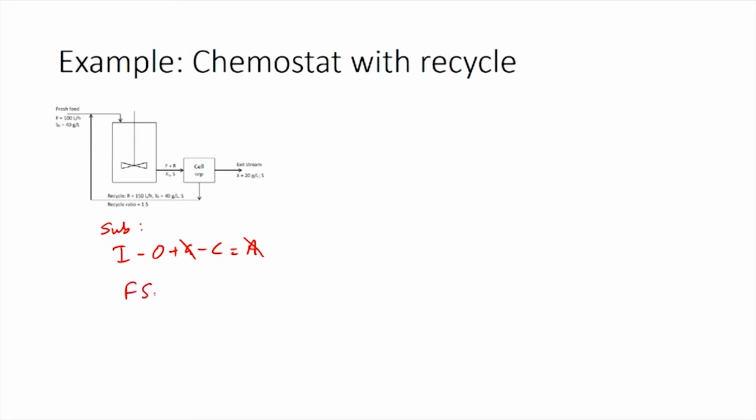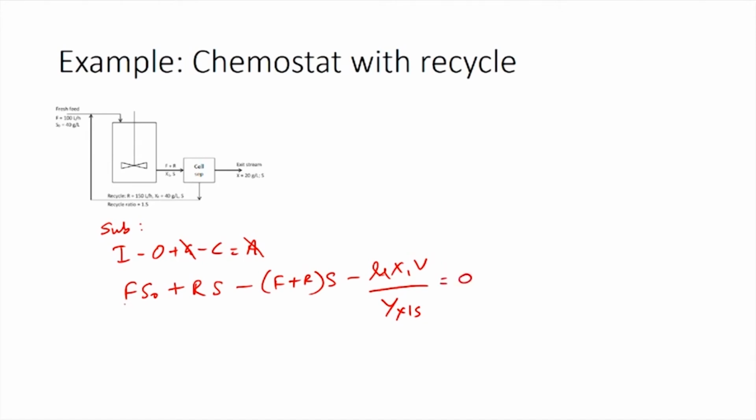You have F S naught through the fresh feed plus R times S in your recycle feed, and you have the exit stream as F plus R times S, and you would have consumption given in terms of mu x1 V divided by Y X/S. Again we are assuming that there is no other consumption of substrate other than to form the biomass. This equals 0.